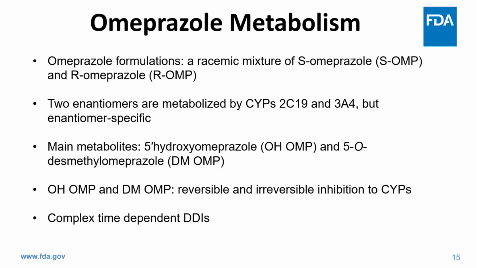Based on the in vitro analysis, these metabolites seem to be important in the reversible and irreversible inhibition of CYP enzymes. So we can tell from here, this is a very complex time-dependent DDI involved.